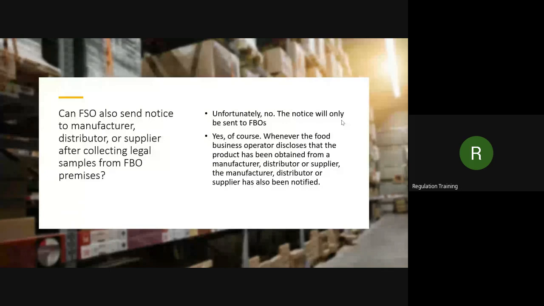Can FSO also send notice to manufacturer, distributor, or supplier after collecting a legal sample from FBO?